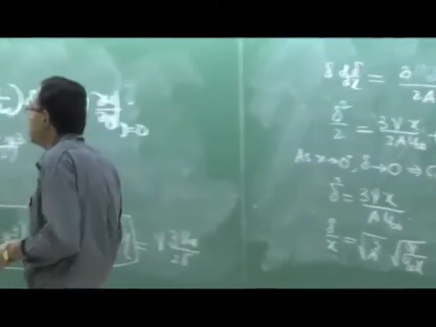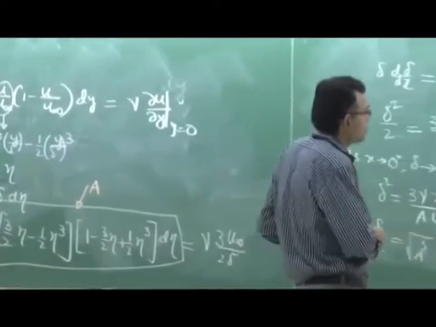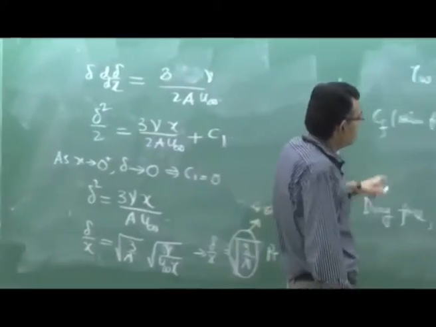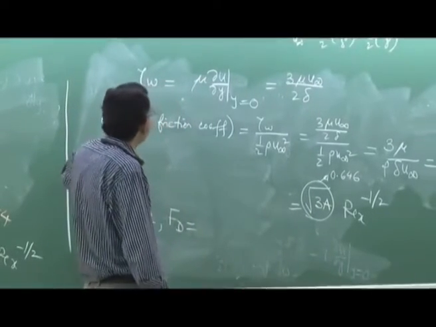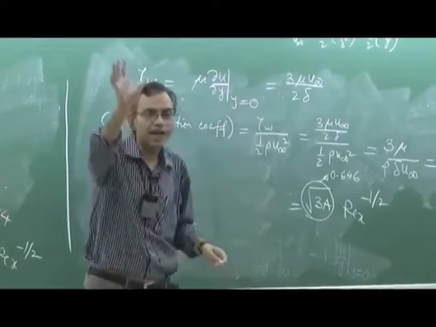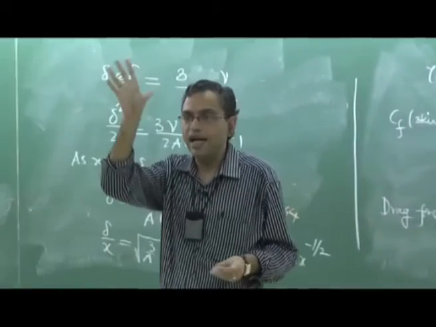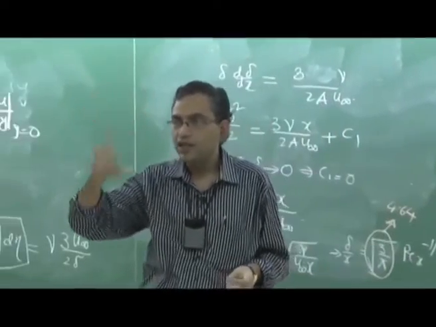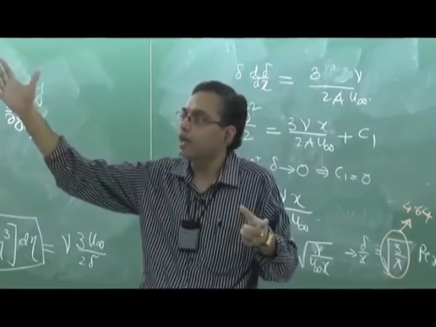So you can use these velocity profiles, whatever approximate velocity profiles, to first calculate delta as a function of x. See, delta as a function of x is the main thing, because once you know delta as a function of x, the wall shear stress or the drag force, all are functions of delta.